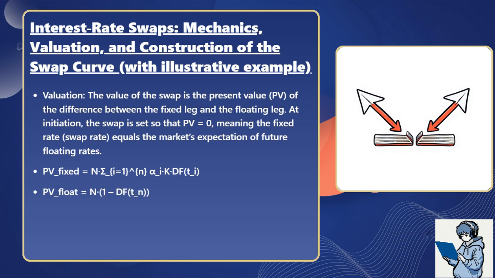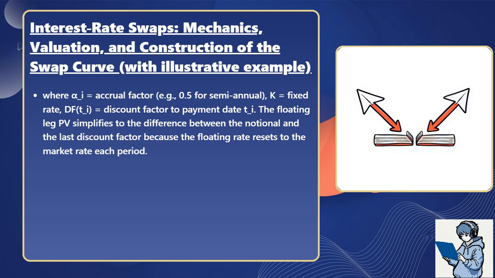PV float equals N times (1 minus DF of T, n). Where alpha i equals the accrual factor, for example 0.5 for semi-annual, K equals the fixed rate, and DF of Ti equals the discount factor to payment date Ti. The floating leg PV simplifies to the difference between the notional and the last discount factor, because the floating rate resets to the market rate each period.